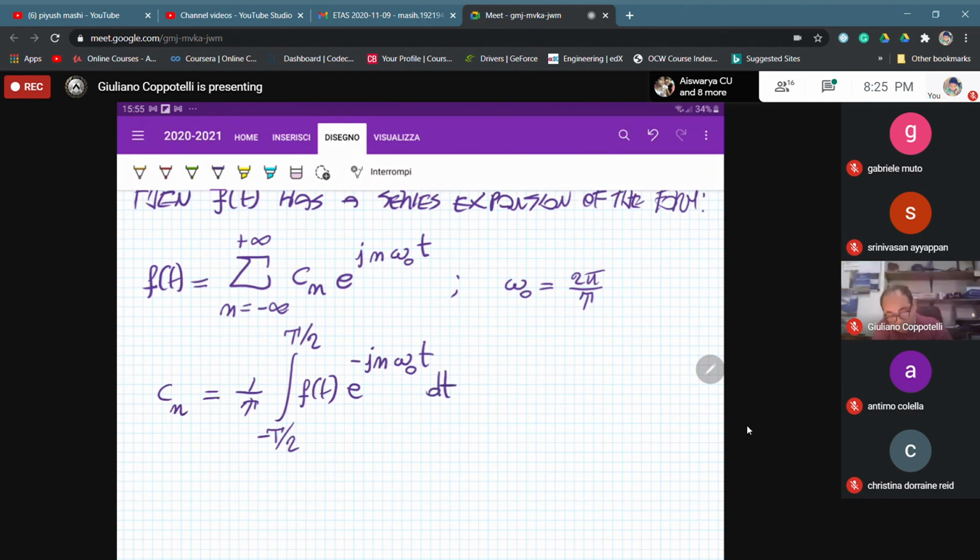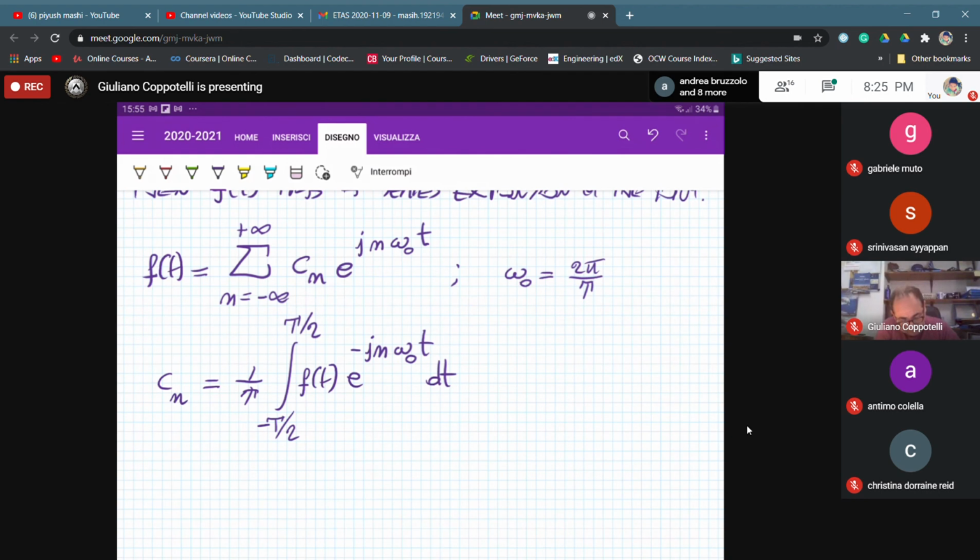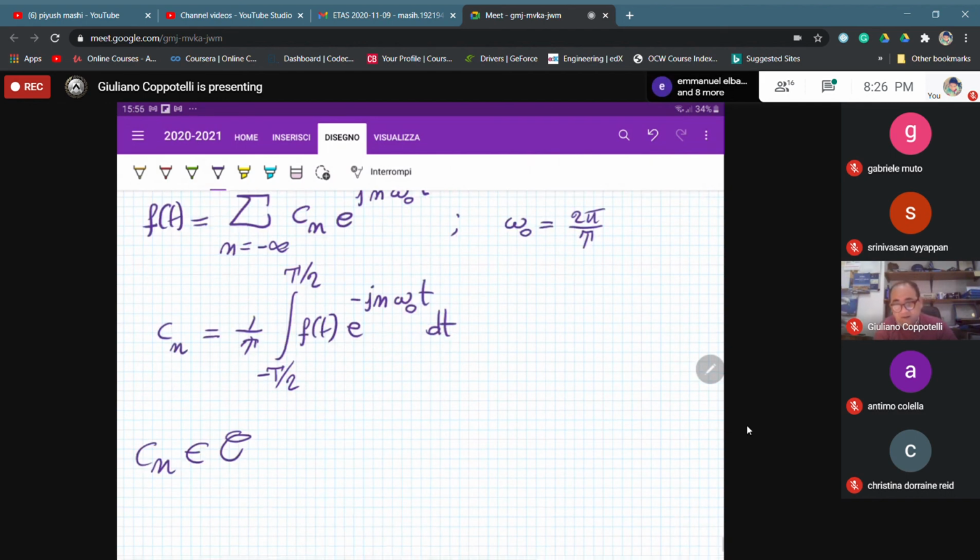So as you can see, what we are saying is that your function could be represented as a series of harmonic functions, sinusoidal functions in the complex domain. The coefficients Cn are in general complex valued.